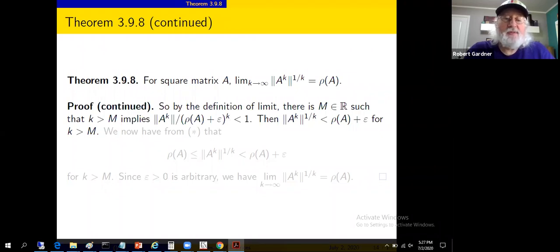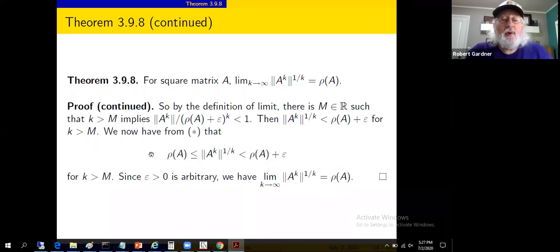We can actually make it really small, but we can make it less than 1 in particular. And by having that inequality cross multiply, get the rho of A plus epsilon to the k power on the right-hand side, take kth roots, also an increasing function, preserving the inequality. We get the norm of A to the k, to the 1 over k, is less than spectral radius plus epsilon, provided k is sufficiently large.